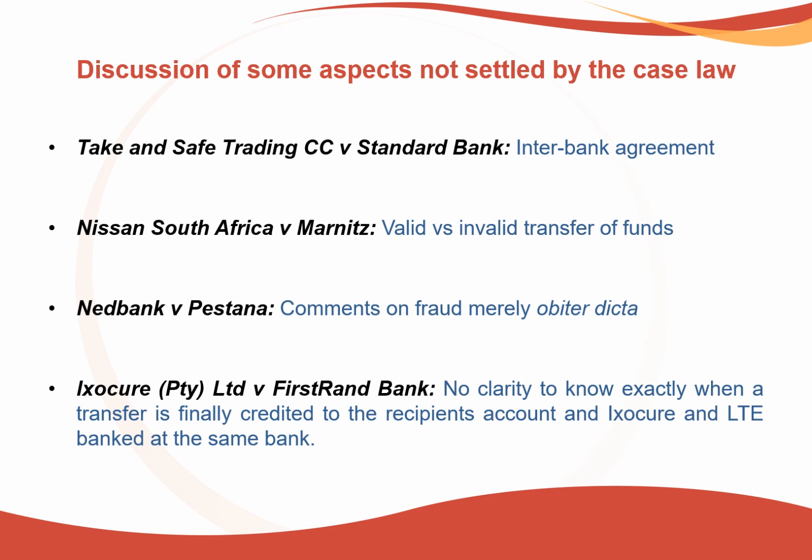A valid transfer of funds would require the consent of the recipient of the funds. The court, however, did not provide a guideline that would qualify as a valid transfer of funds, as opposed to what would qualify as an invalid transfer of funds.